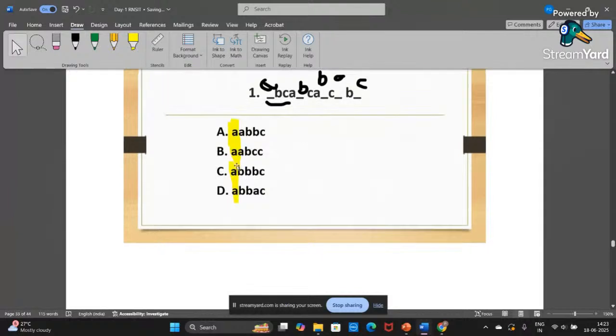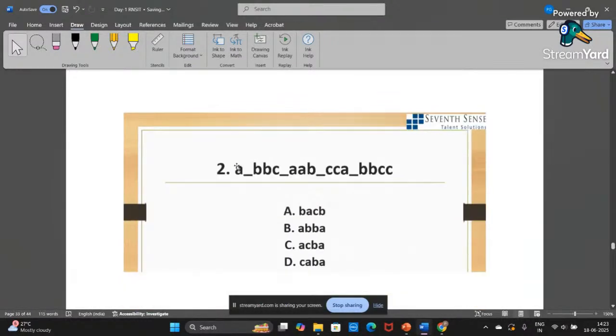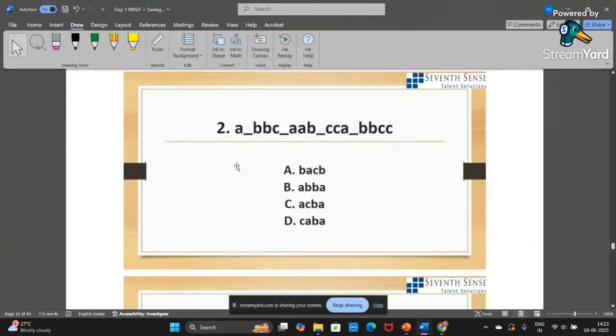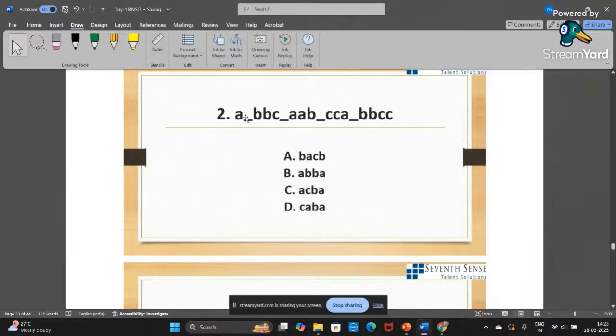Now, let us find the next one. Now, look at this. Okay, let us try to fill with A first, because we have A in the options. We have all the alphabets A, B, C, but let us try with the B option.